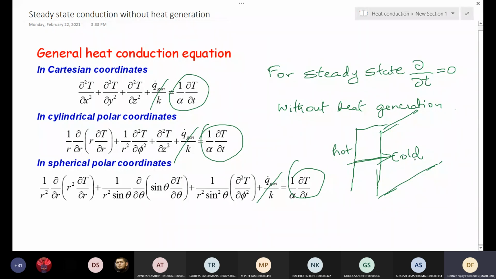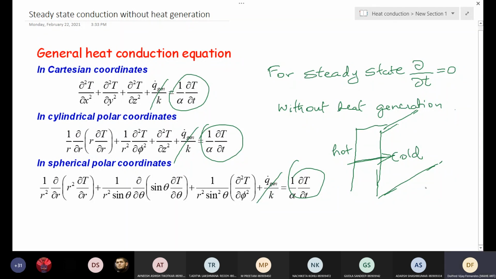If you consider a cylindrical wall, most of the time when we transport steam or any fluid, we use pipes, right? So the pipe wall will become a cylindrical wall.